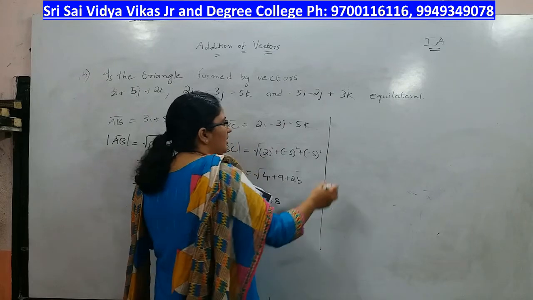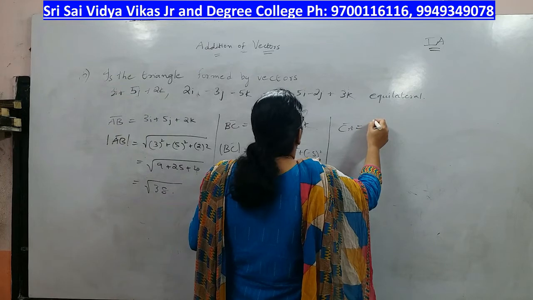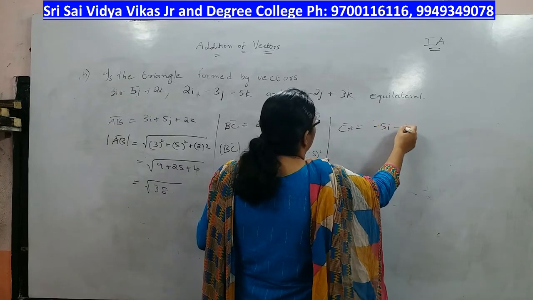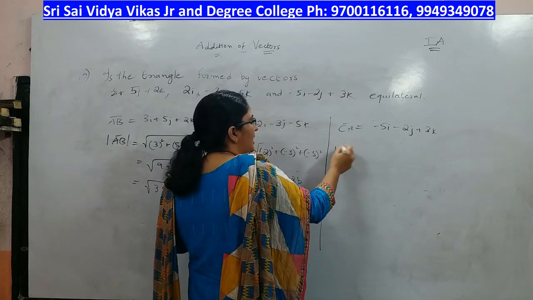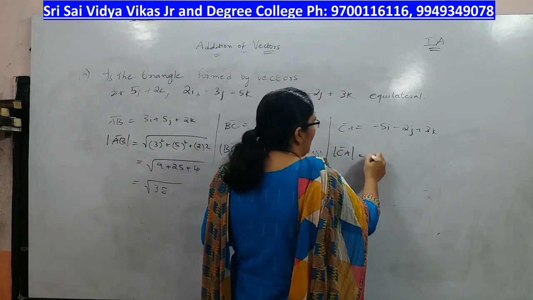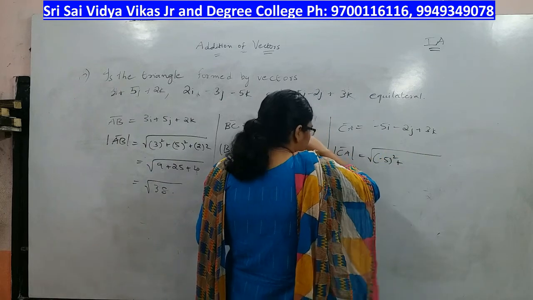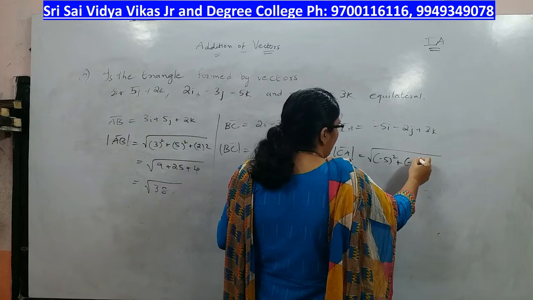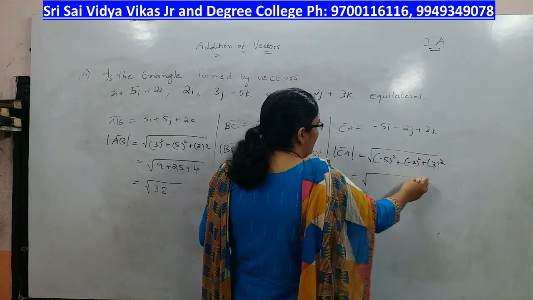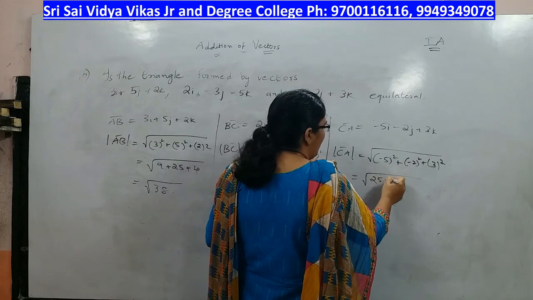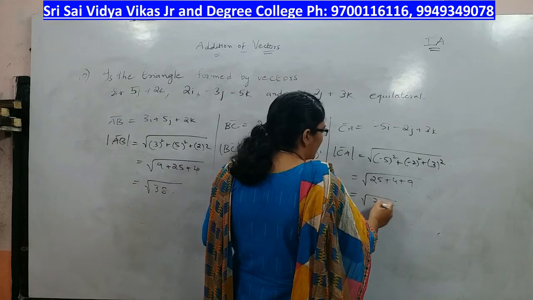Find BC. Next we'll find CA. CA is equal to minus 5i minus 2j plus 3k. Modulus of CA is equal to under root of minus 5 whole square plus minus 2 whole square plus 3 whole square. That is 25 plus 4 plus 9, that is root 38.